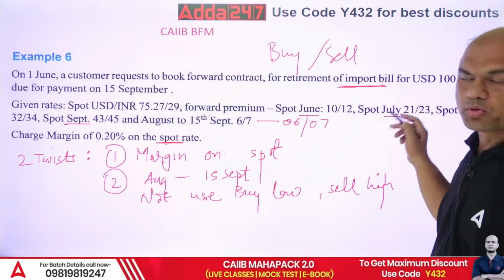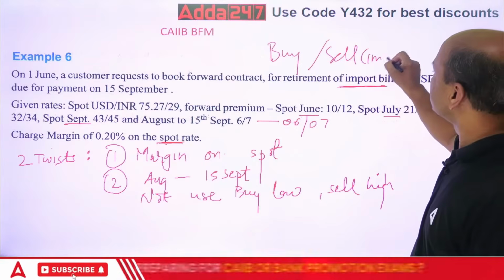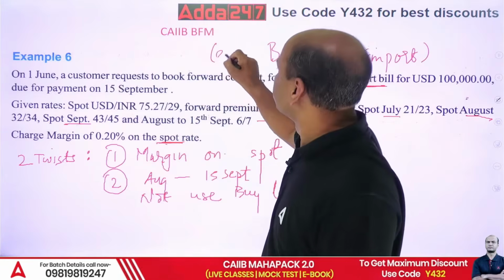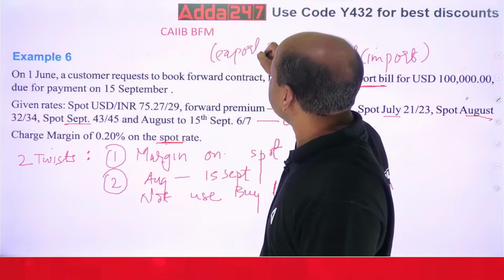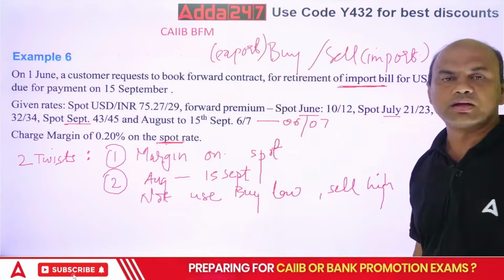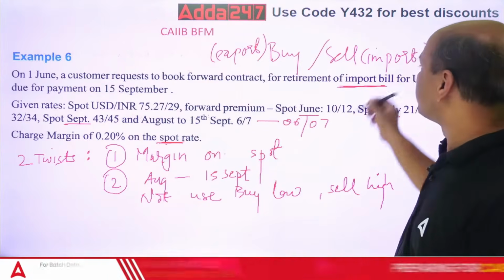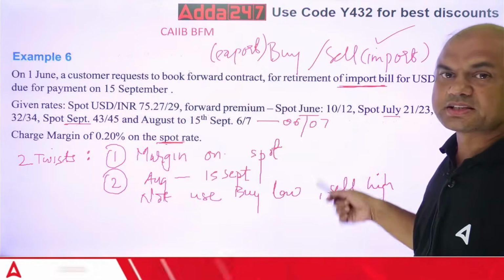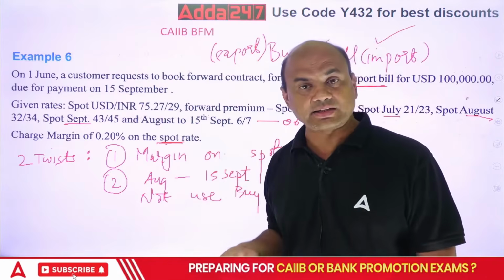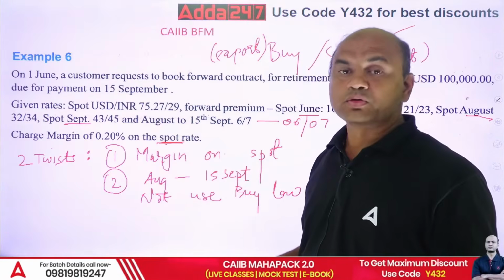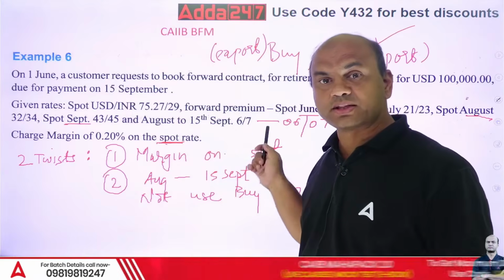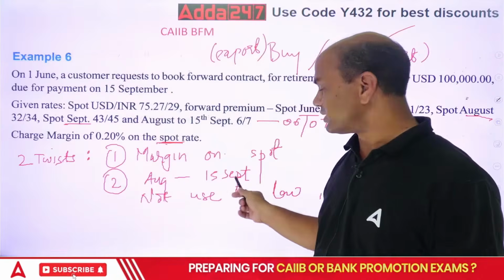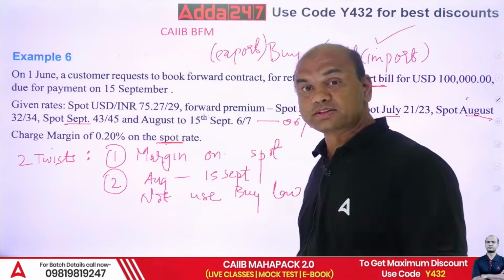Import is always sell, and export is always buy. So now we are focusing on import, which means the sell part, the right side, right side, right side, no left side. So what are the 3 points on which we should focus? One is right side. Second is margin on spot. Third is this August to 15 September. So let's start now.